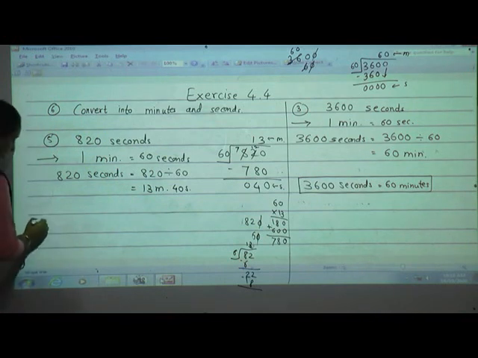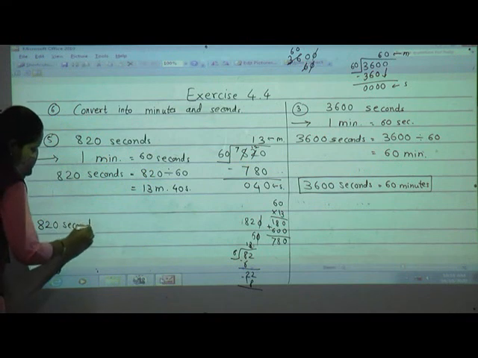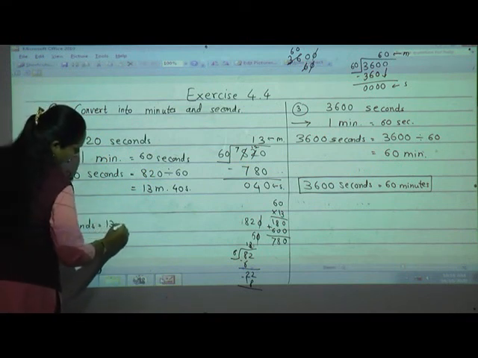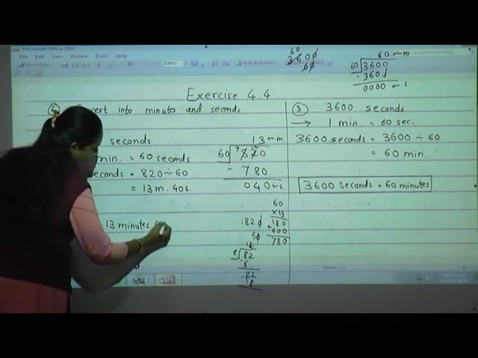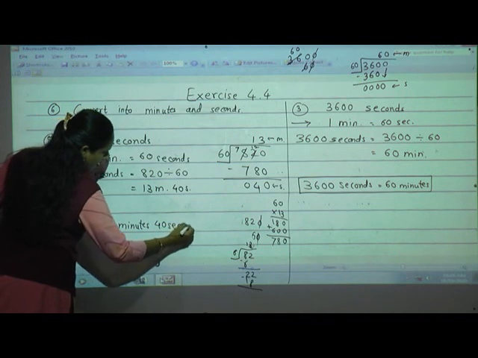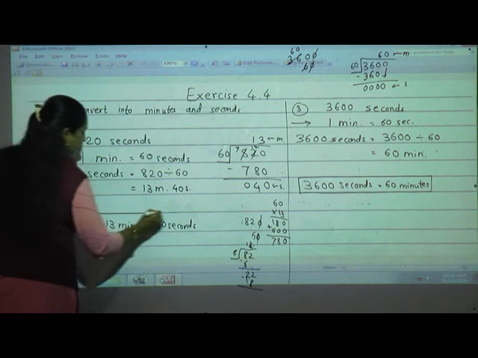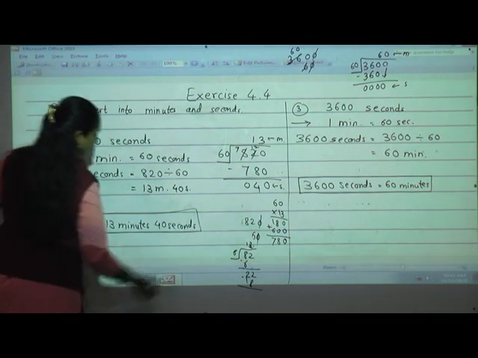So write once again, 820 seconds is equals to 13 minutes and 40 seconds. Do the bracket with pencil and scale.